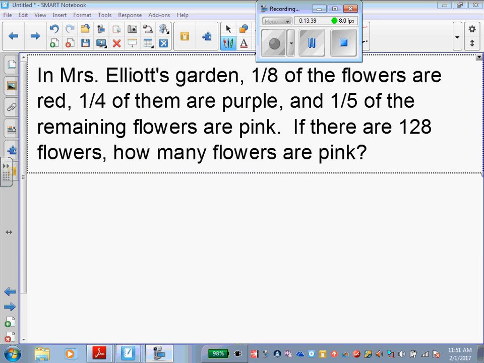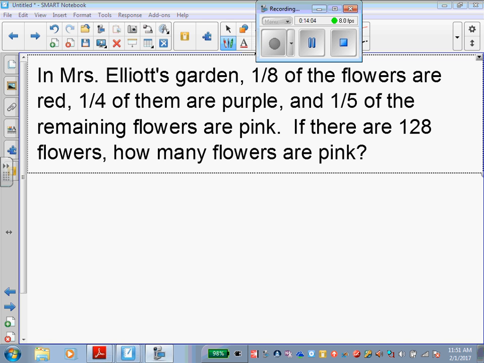In Mrs. Elliott's garden, 1/8 of the flowers are red, 1/4 of them are purple, and 1/5 of the remaining flowers are pink. If there are 128 flowers, how many flowers are pink? What's my important information?